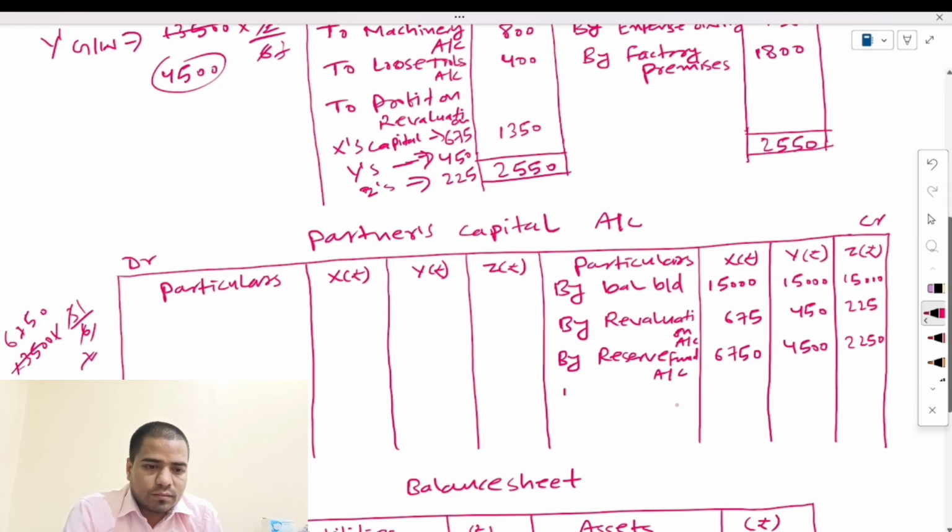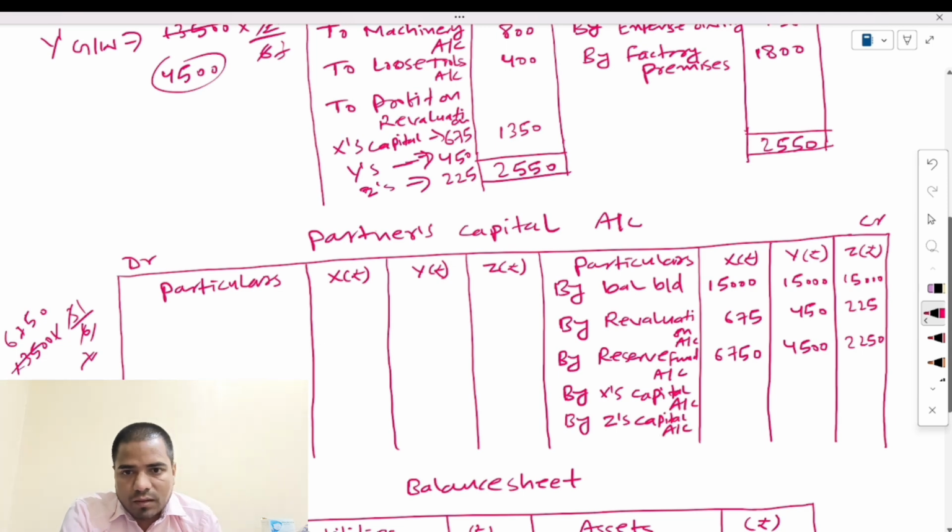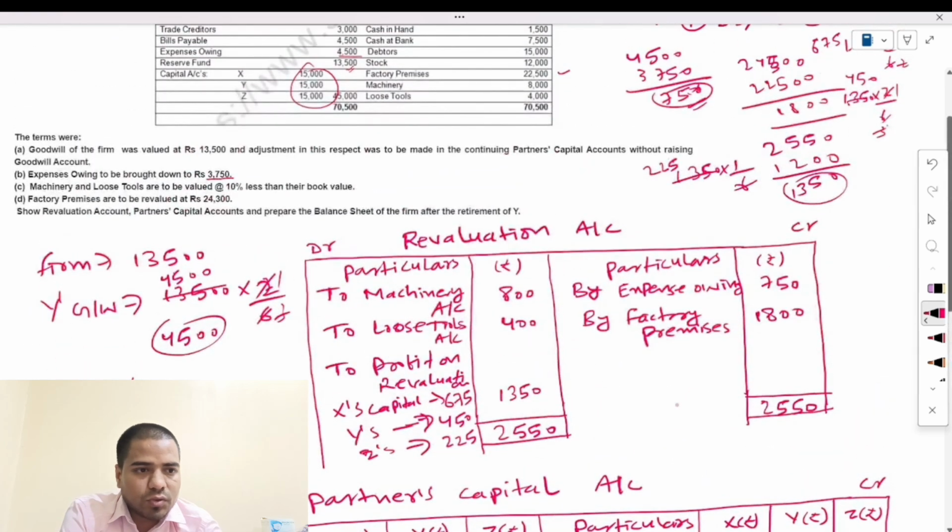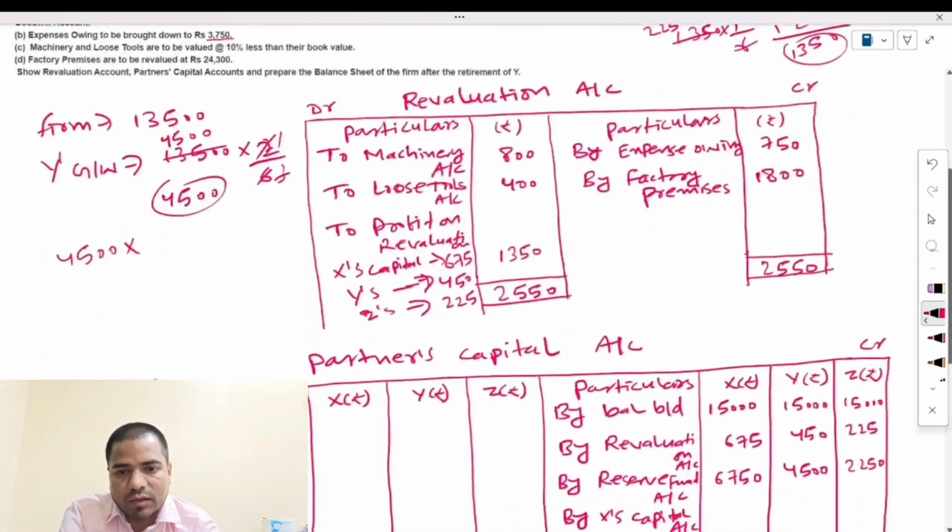So we will write here by X capital account, by Z's capital account. How much? 4,500, and their gaining ratio is 3:1.